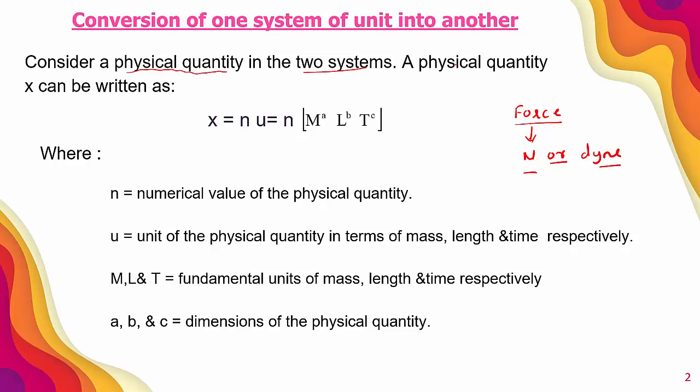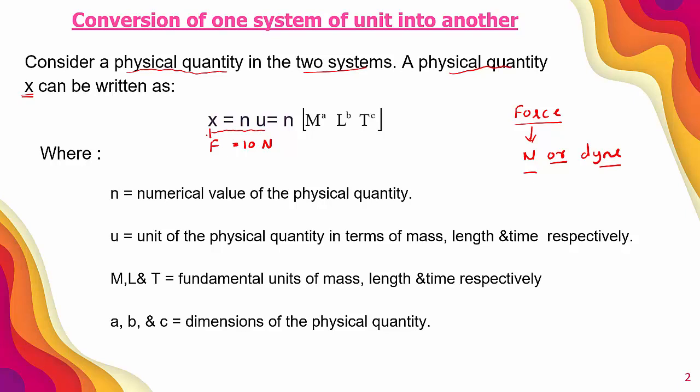Now a physical quantity X, instead of force in general, to understand the concept, let us take the physical quantity as X. You can write the equation X equal to N into U. That means F equal to, I can write 10 Newton.